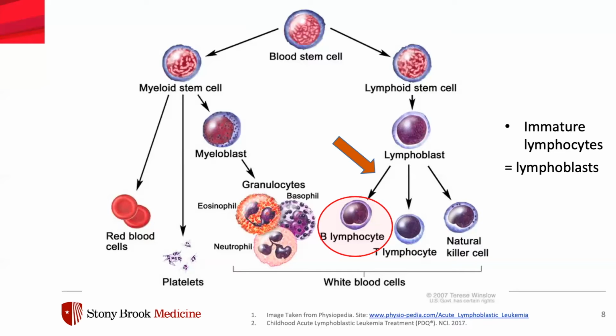And there's this overproduction of these lymphoblasts in the bone marrow that crowd out all these other bloodlines that are also in the bone marrow. So you might see less red blood cells being able to proliferate, as well as platelets and different other kinds of white blood cells because of this crowding out and infiltration from the lymphoblasts.